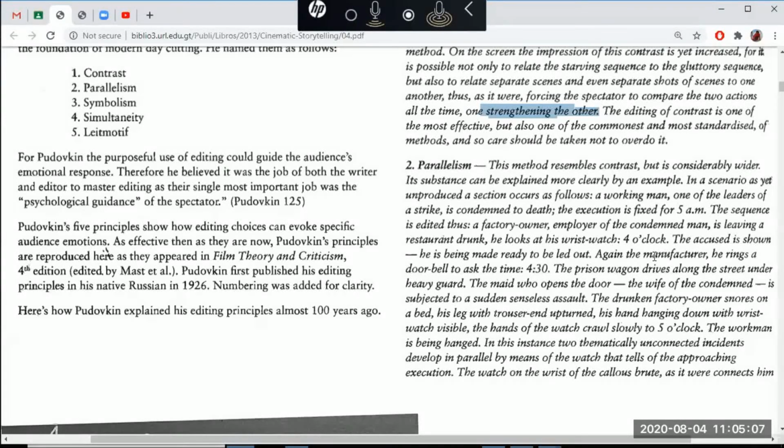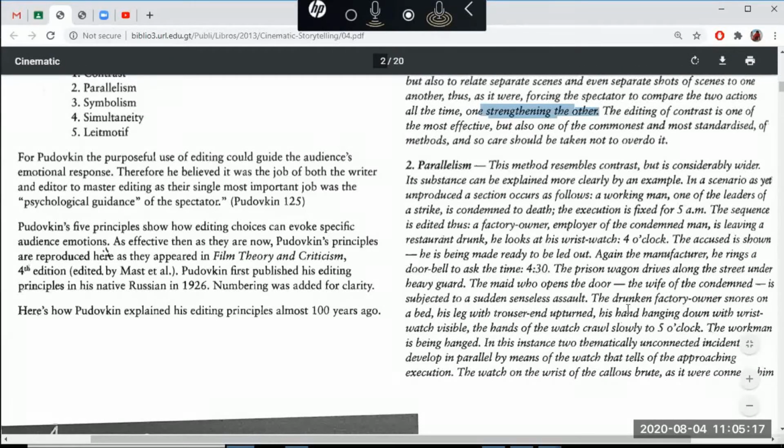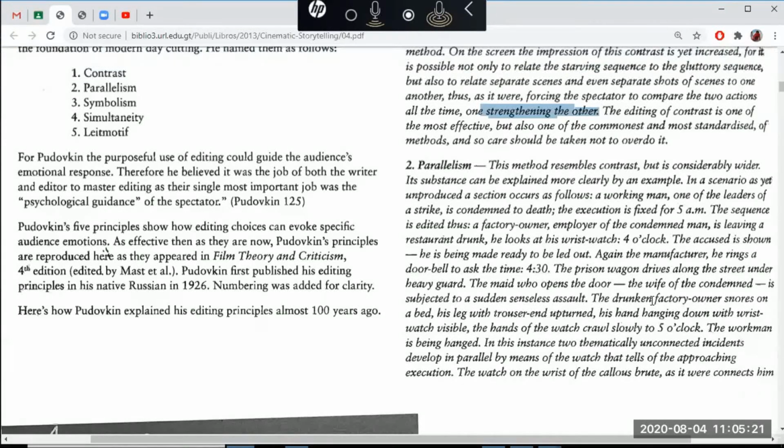in the morning, right? So this action is intercut with another scenario in which a man leaves probably a bar at 4 in the morning and goes home to sleep.